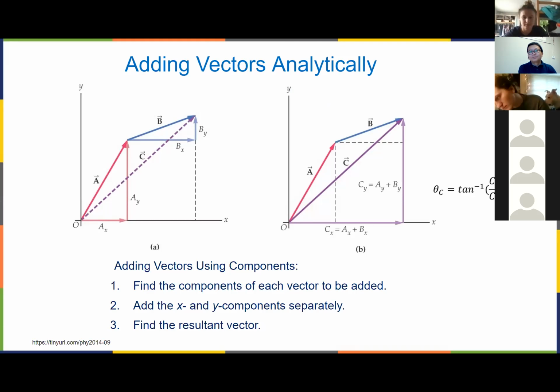So analytically, what you want to do is find the components of each vector to be added, and then add the x and y components separately to get the x and y components for the resultant vector. Once you have the components of the resultant vector, then you can solve for the magnitude and also its directional angle. So a straightforward way to do it.